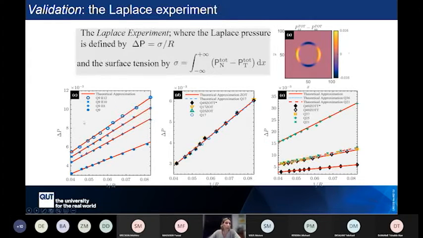And again, we compared the theoretical approximation for many different lattice structures, different orders of accuracy and isotropy, and all the testing that we have done matches perfectly or almost perfectly with the theoretical approximation. So again, this validates that our solution is correct.